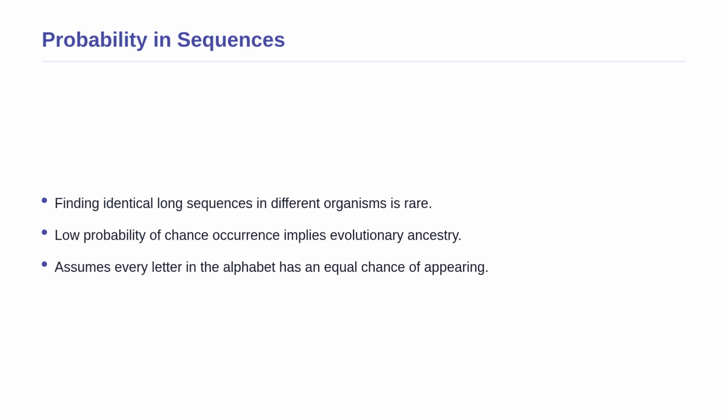Because the number of possible combinations is so astronomically high, the probability of finding an exact long sequence by pure chance is incredibly low. Therefore, when we do find these matches, it strongly tells us that the organisms share an evolutionary ancestry. To prove this mathematically, we need a way to calculate the exact probability of a specific sequence occurring randomly.